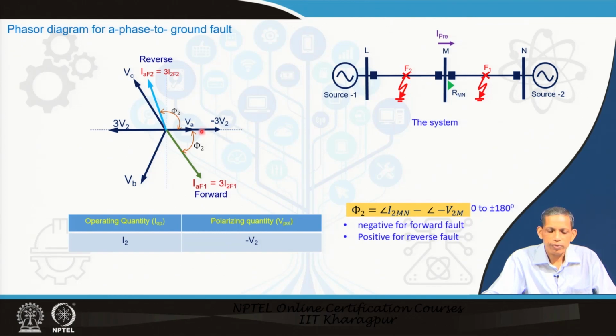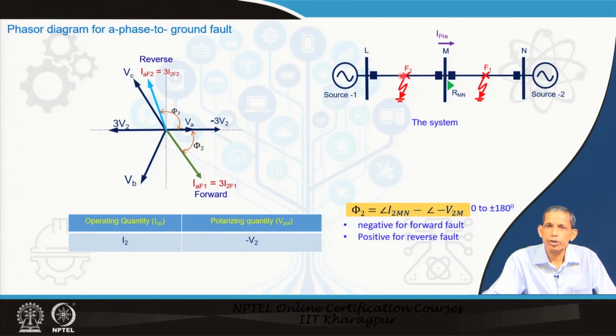If you consider the angle between I2 and V2, this gives us phi 2. In the earlier slide we saw the angle of I2 minus the angle of minus V2, and here also minus V2 is coming. So, the angle of I2 minus the angle of minus V2 is what we observe here. For the forward fault, phi 2 is lagging, like we saw in the VT sequence method also. So, the corresponding angle becomes negative for a forward fault.